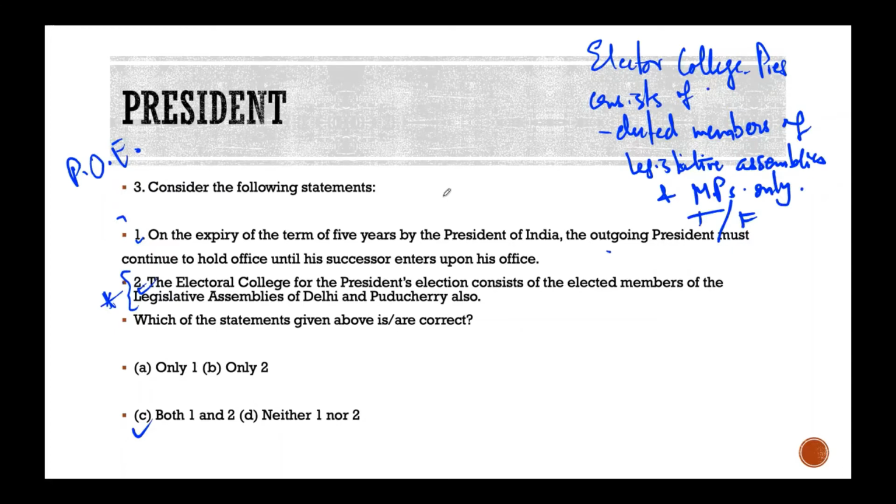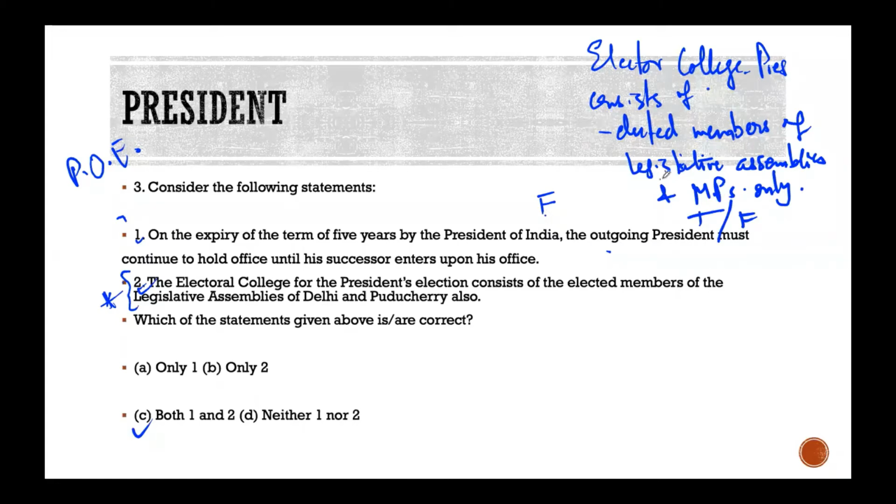Okay, so I hear false. Did two people tell me false? Why did you say false? The electoral college also consists of elected members of legislative assemblies in Delhi and Puducherry.